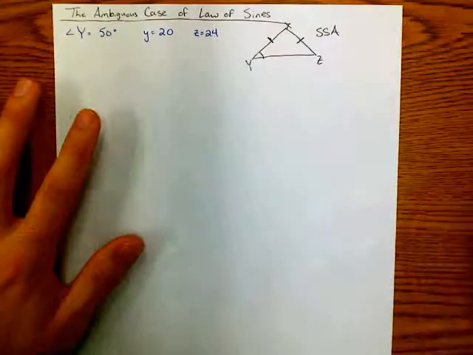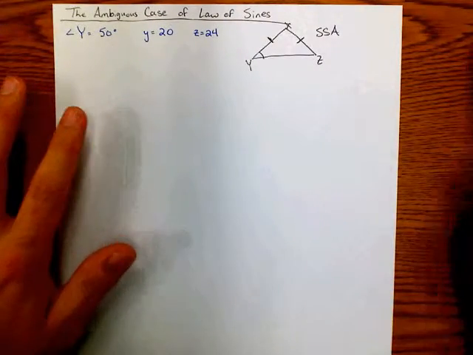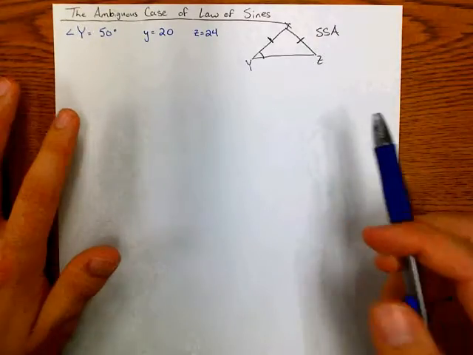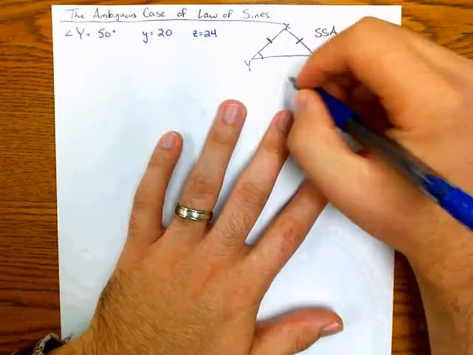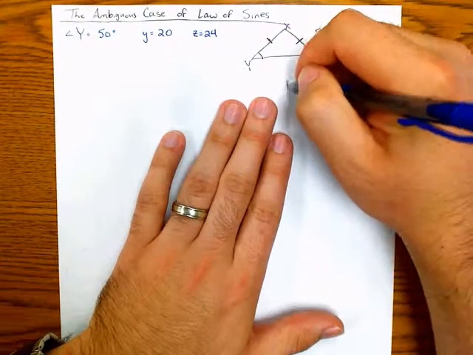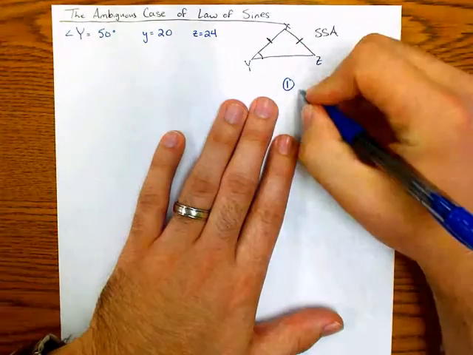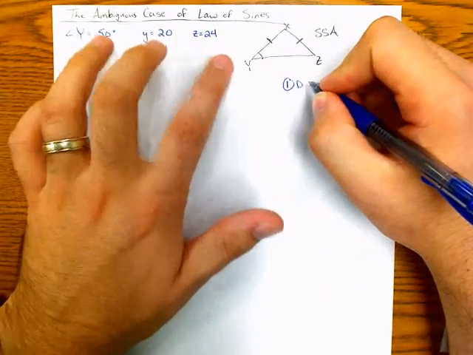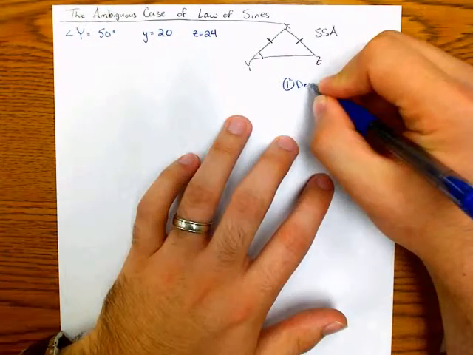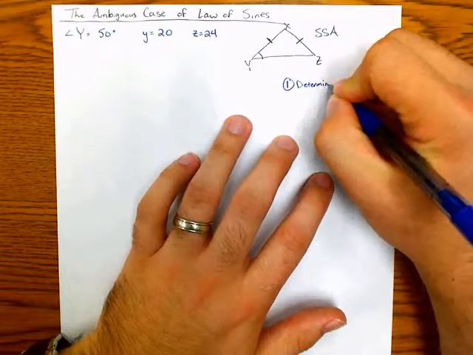So this is what we're going to need to do when we're trying to solve this kind of triangle. The scale drawing is going to be really helpful. I'm going to make a list of steps. First thing we need to do, we have two sides, so it's really important that we set a scale and identify which side is which. We first need to determine three things.